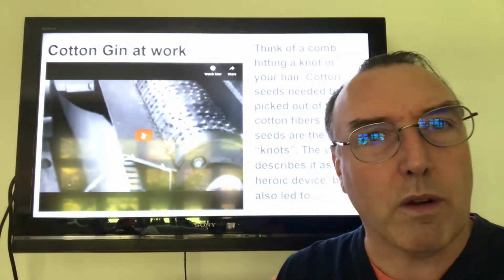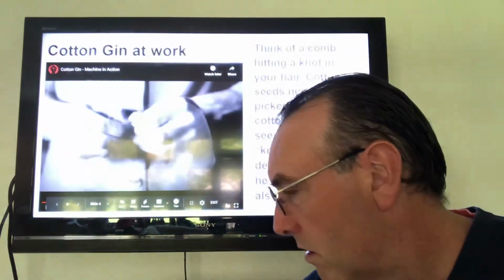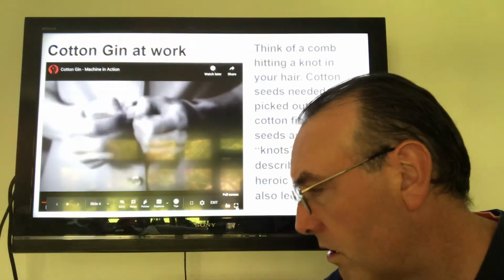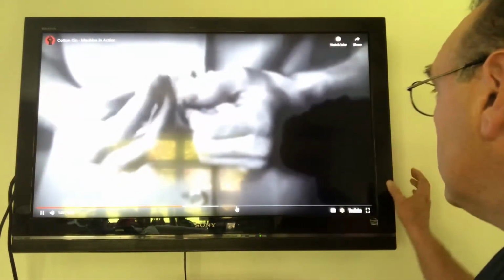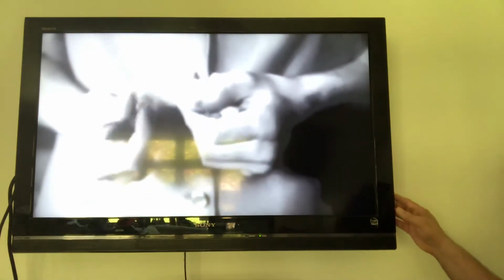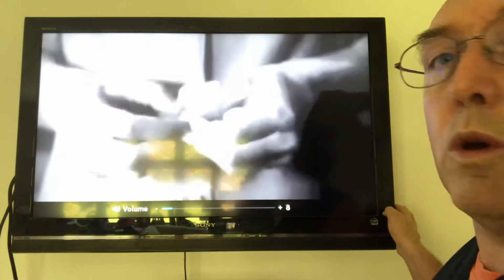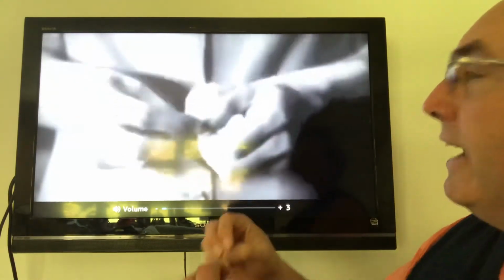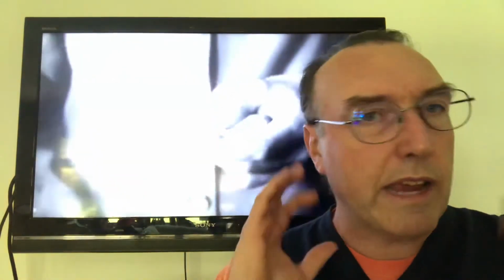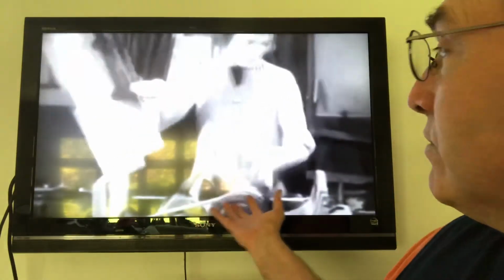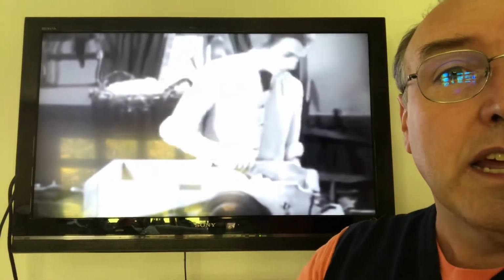It kind of shows how it works. For thousands of years, the only way to separate cotton seeds was to pick it apart by hand, and this would take a slave one full work day to deal with 1 pound of cotton. And now all of a sudden we have this fairly simple machine. This is supposed to be Eli Whitney here.